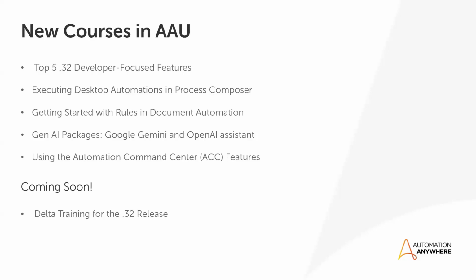We also have a course on how to use Google Gemini and also the OpenAI Assistant. So please try them out. And we are also going to soon launch the entire Delta training for the .32 release, so that you will get to understand the top 5 features and deep dive into all of those features and a lot more covered in this release as well.